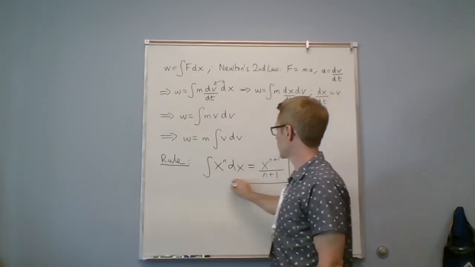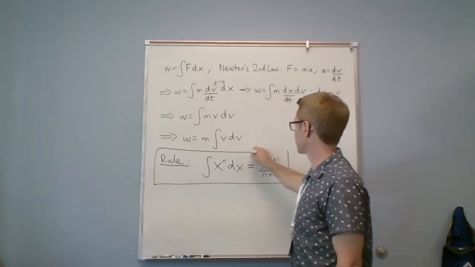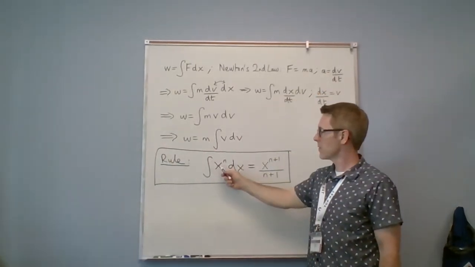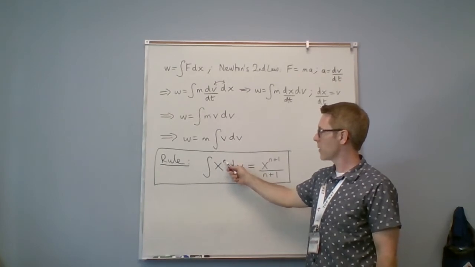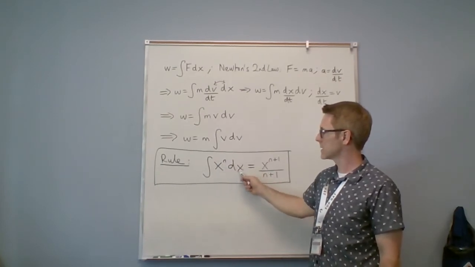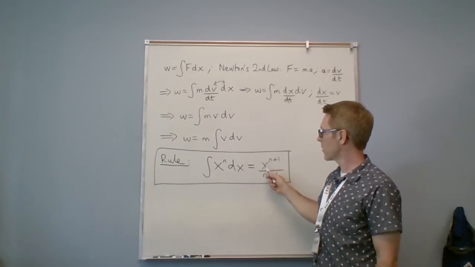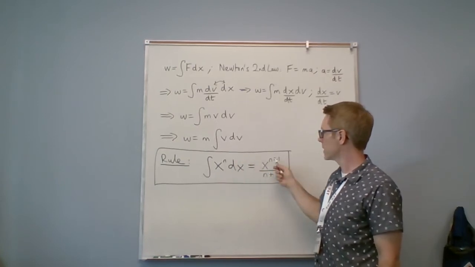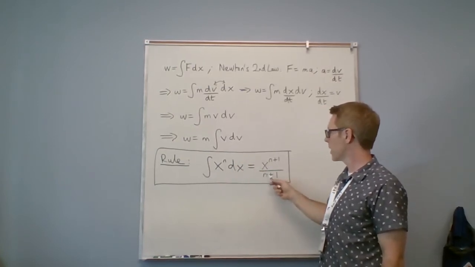So this is a rule that we're now going to have to use. So the sum of any variable x raised to the power n as the variable x itself changes is equal to the variable x to the power n plus 1 divided by n plus 1.